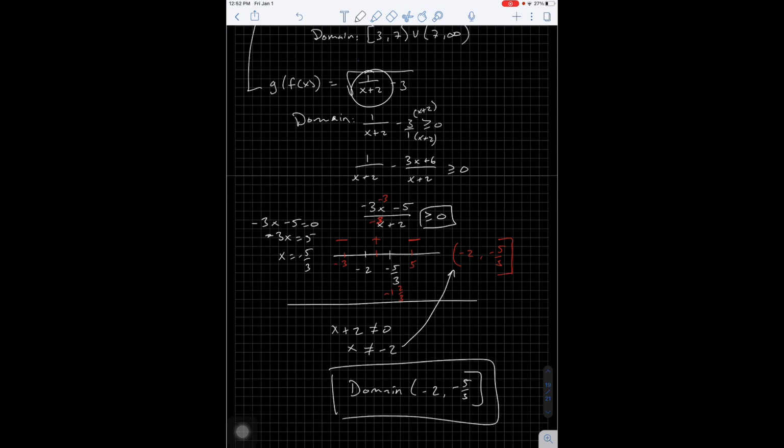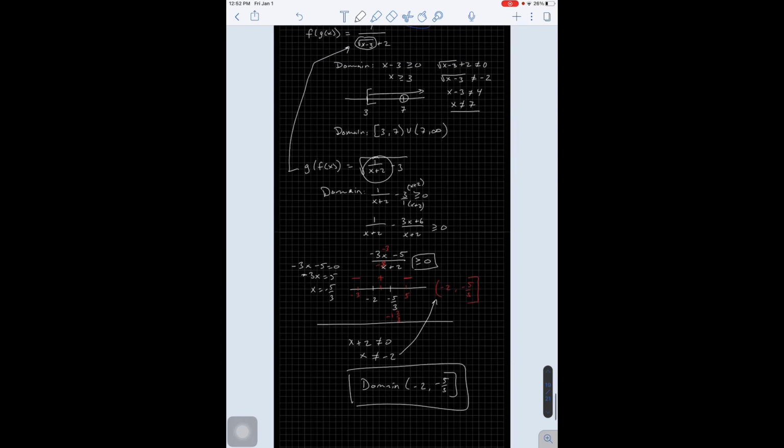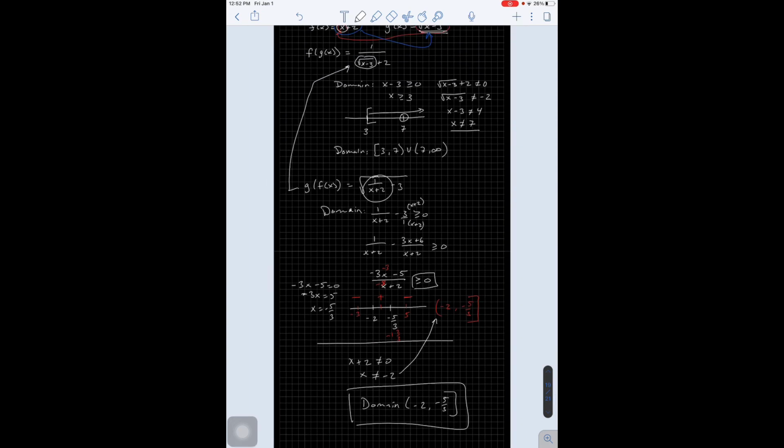Okay, so I just wanted to show you with this example that composition of functions is definitely not commutative. So order matters here, so be careful which one you're plugging into which.